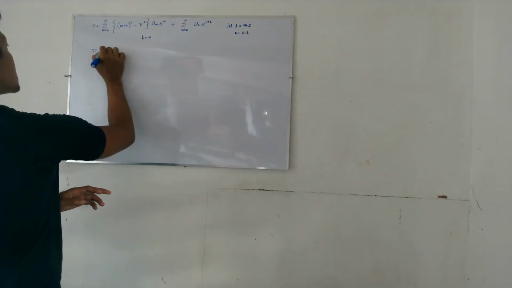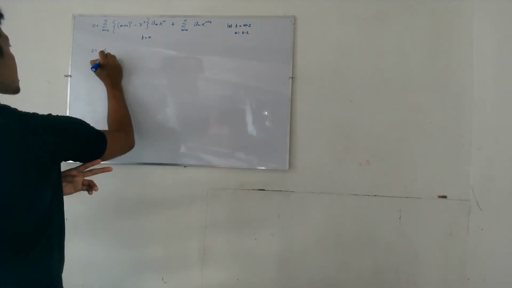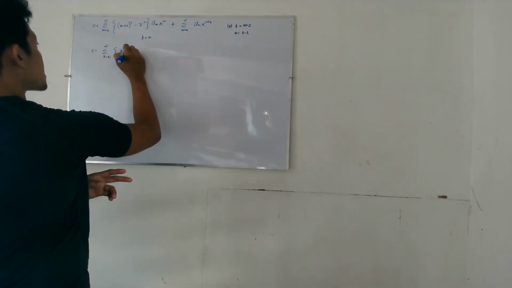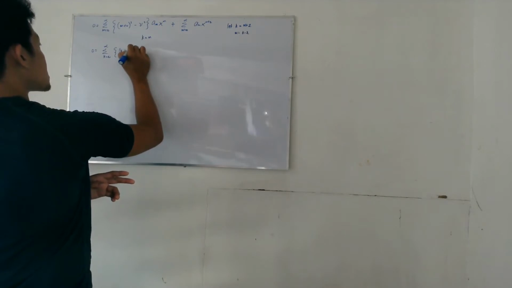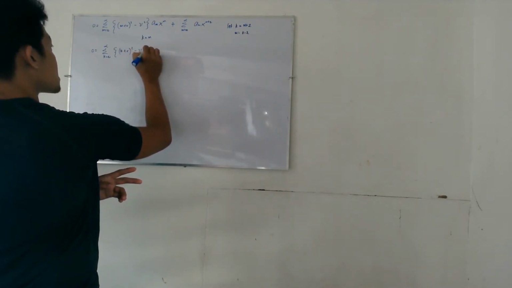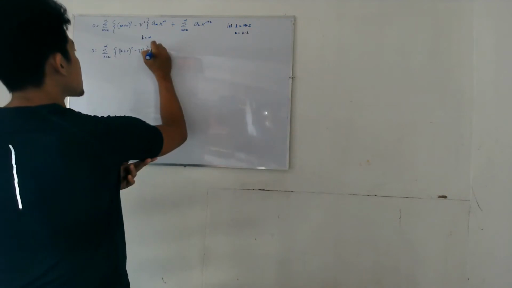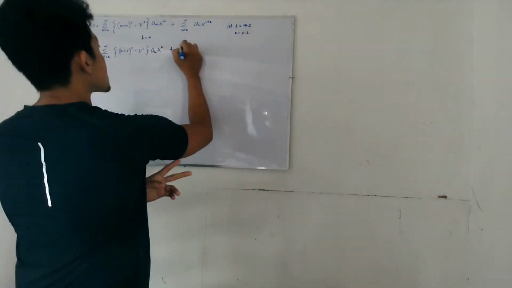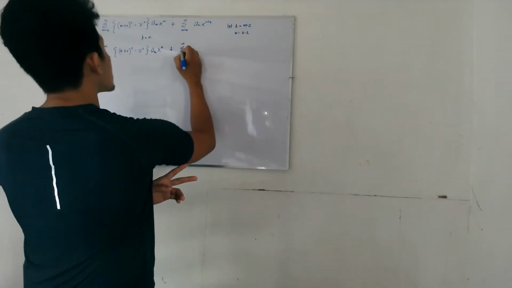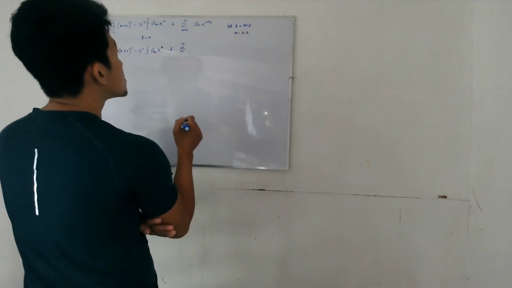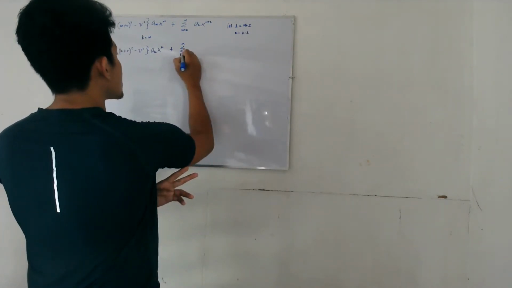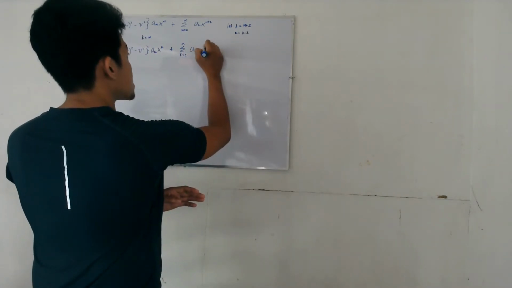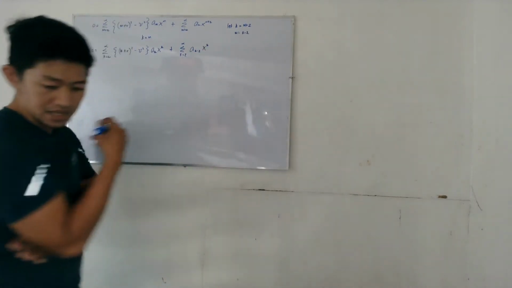Okay, so you have k equal to 0, (k plus r) squared minus mu squared, a_k x to the k, plus summation of, when m equals 0, k equals 2, a of k minus 2 x to the k. Okay?